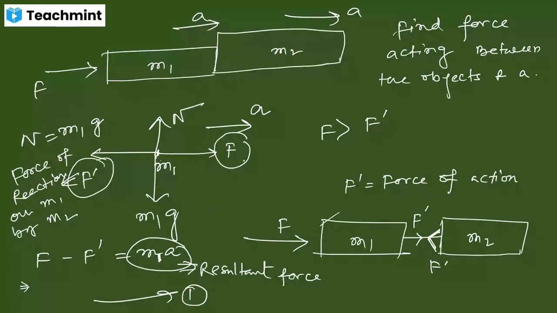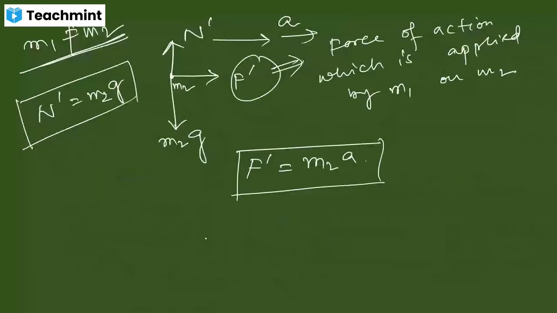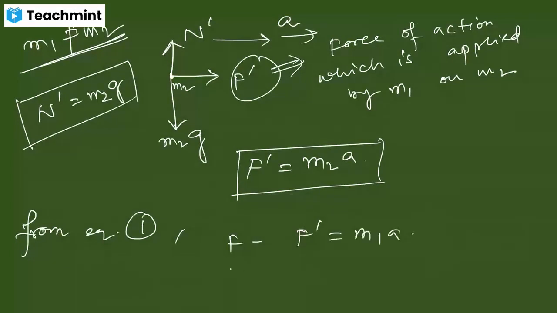So the difference between F and F dash is equals to the resultant force, that is m1 into a. I'm just writing the first equation again. From equation 1, F minus F dash is equals to m1 into a. So F minus F dash has a value of m2 into a, it is m1 multiplied by a.